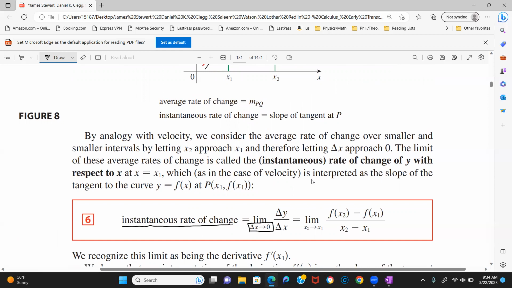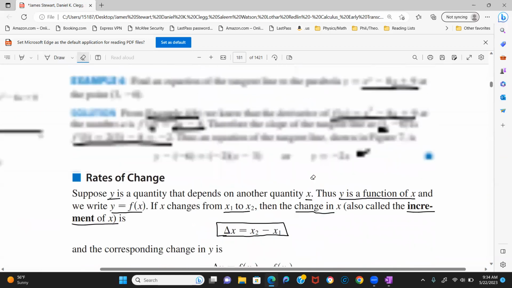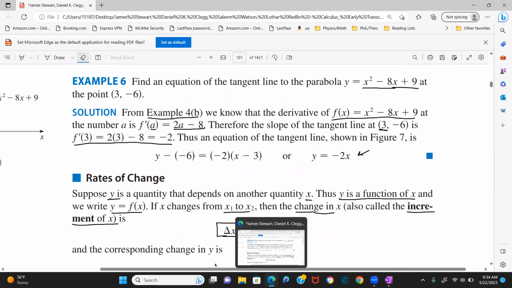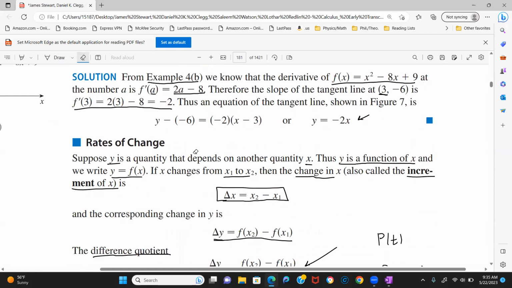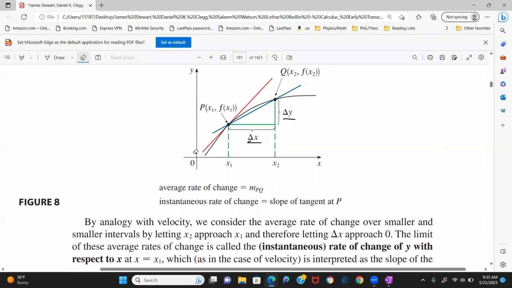So remember x is equal to x1 minus x2, and then sorry, no, that's not right. Let me redo this. We're thinking about x changing between x1 and x2, and we call that delta x.